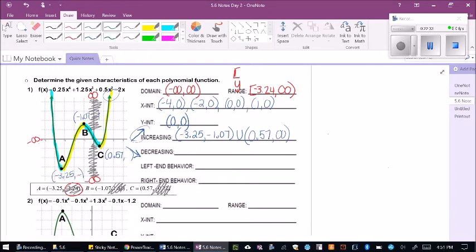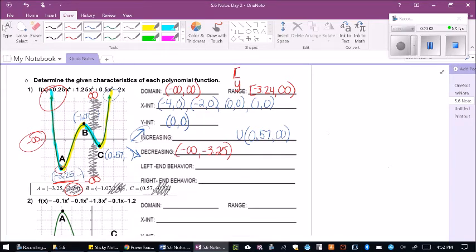So now that we've highlighted these blue pieces, we need to write the interval for them. We're going to see that this over here to the left, this part of the graph, is negative infinity because I'm only looking at x values. So I'm going from negative infinity to this point A, so to negative 3.25, parentheses.